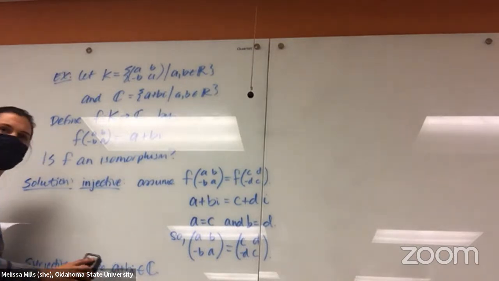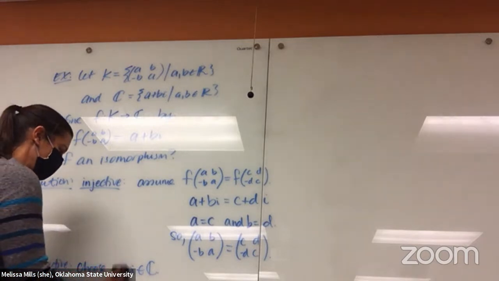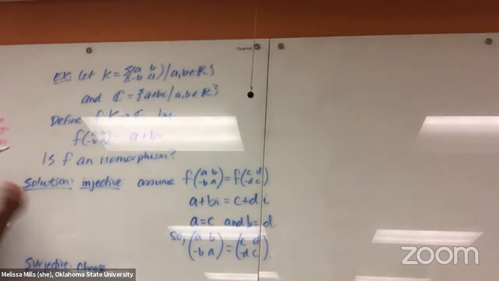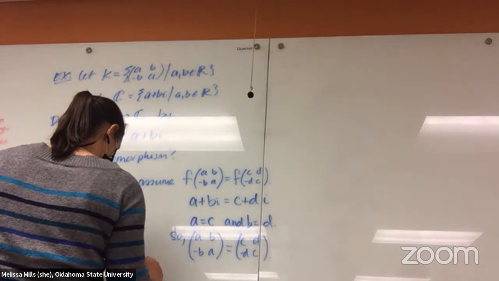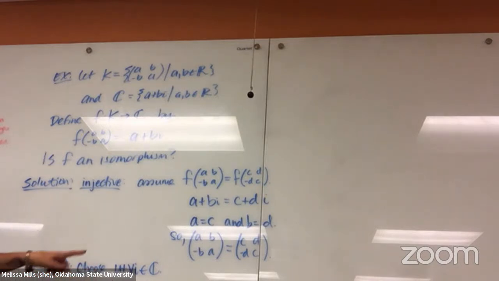I'm going to use different letters than a and b because I want it to be clear that we're picking a specific one. So let's just do something like u plus vi. I'm just going to pick something over in that complex plane. I don't want it to seem like magic, right? So what is going to map to u plus vi? [u, v; -v, u]. Exactly.